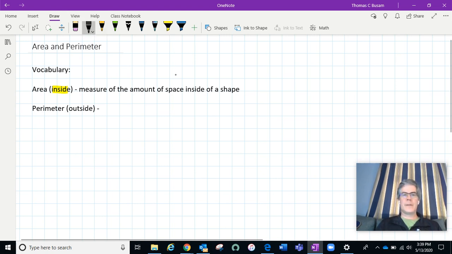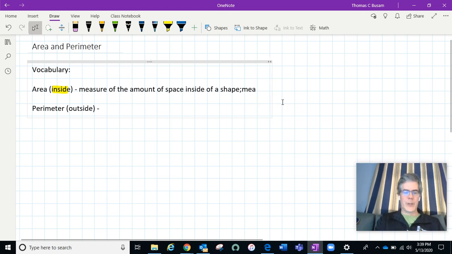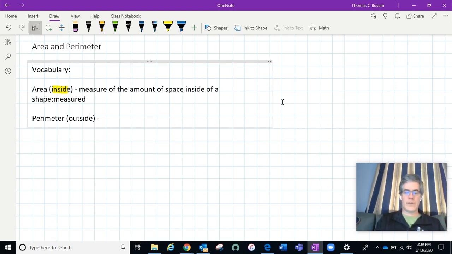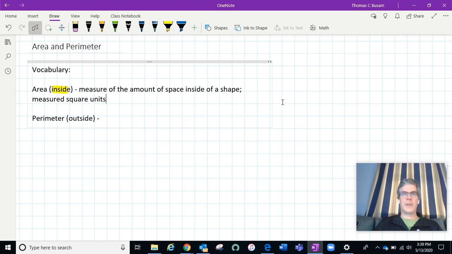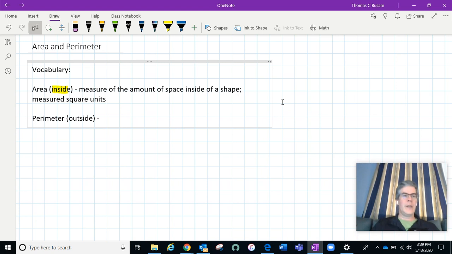It's measured in square units. And I say units because the measurement could be feet, could be inches, kilometers. It could be any type of units. So you have to stop and think about what units are being used in the problem.